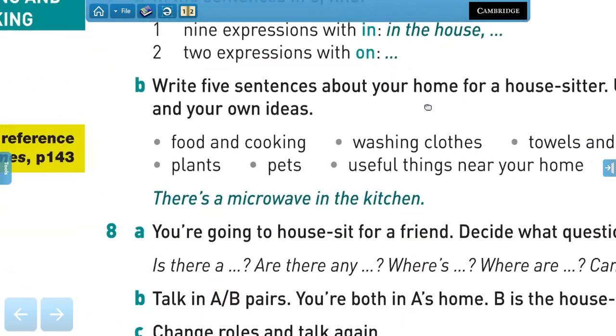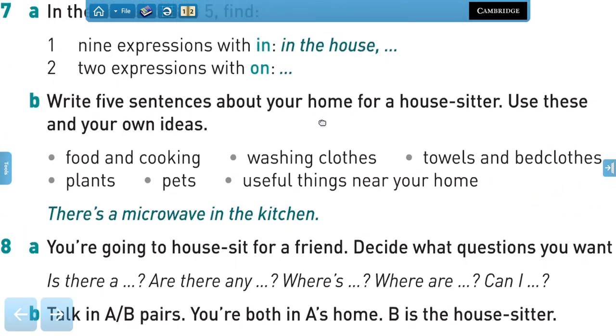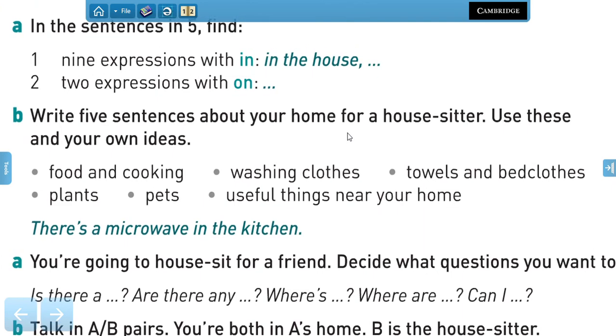And then, of course, for the last activity, you're going to be writing sentences about your homes. Imagine that there is a house sitter that is going to stay there. So try to think about food and cooking so you can give instructions to that person where they can find some food and what things they can use to cook in your house. Pots and pans, plates, mugs, cups.